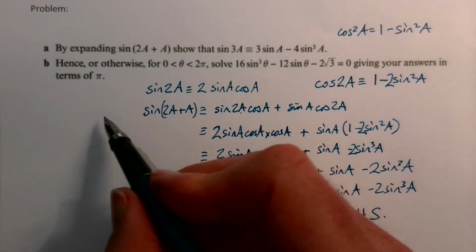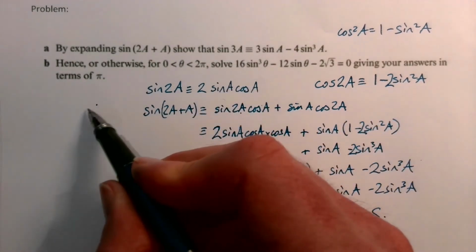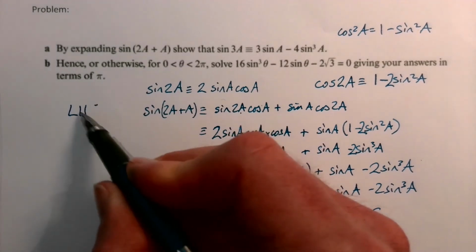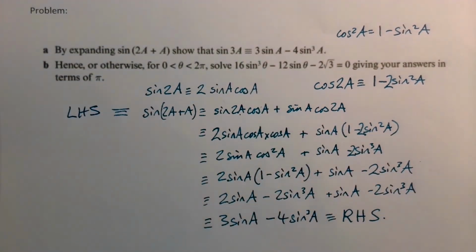So at the beginning here we could have said left hand side is identical to that, because 3a is 2a plus a, isn't it? Okay, great, that's that one.